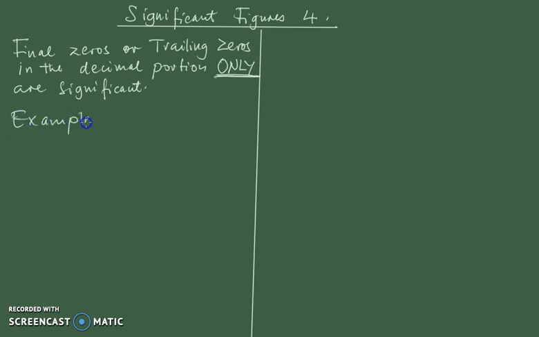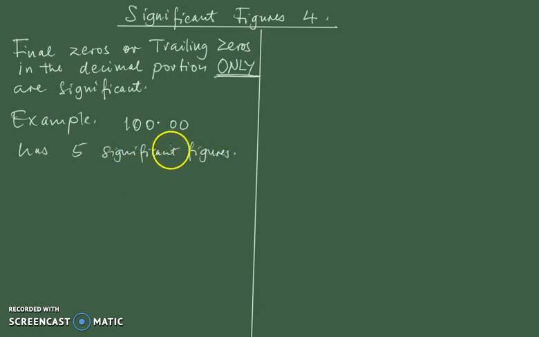A number like 100.00. How many significant figures are there? Here we have 5 significant figures. This number has 5 significant figures.